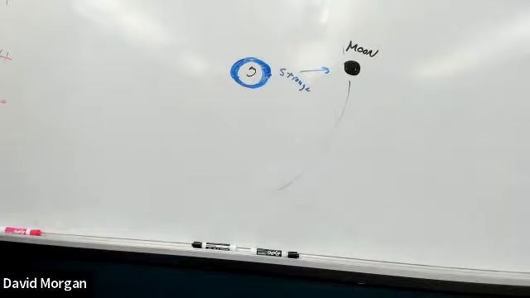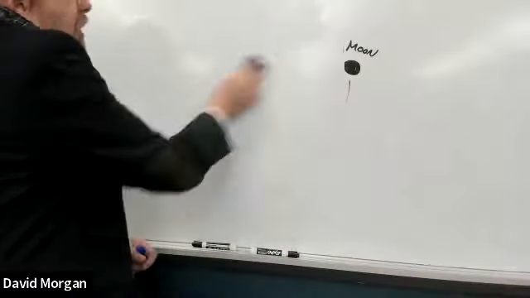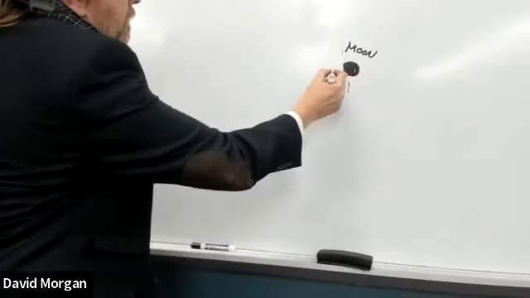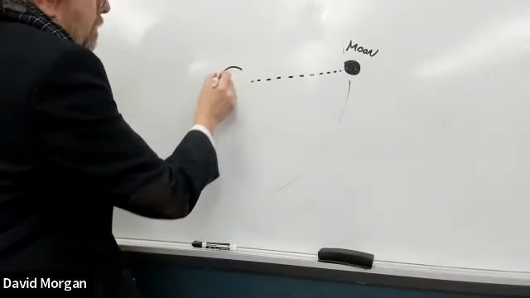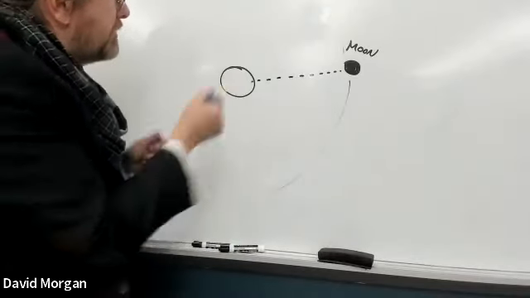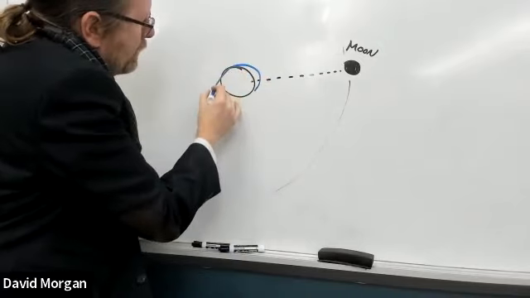I've lost all my erasers. If we draw a line from the Earth to the moon, this tidal bulge of the oceans is actually not exactly lined up with the moon. It's a little bit off.